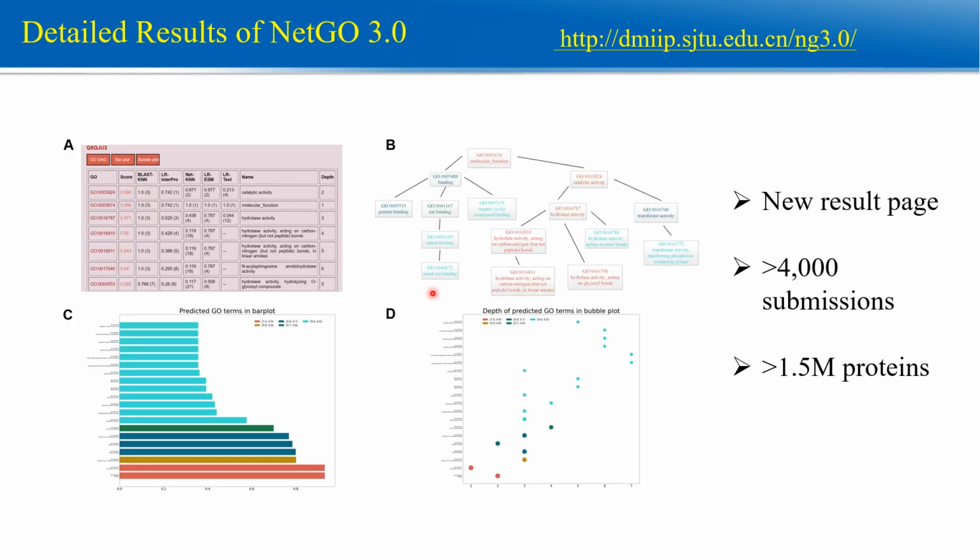To better help researchers work, we provide a new result page in our web server. We provide 3 ways to visualize the prediction results. Users can know the depth, prediction score, and the GO structure by clicking the button on the result page.